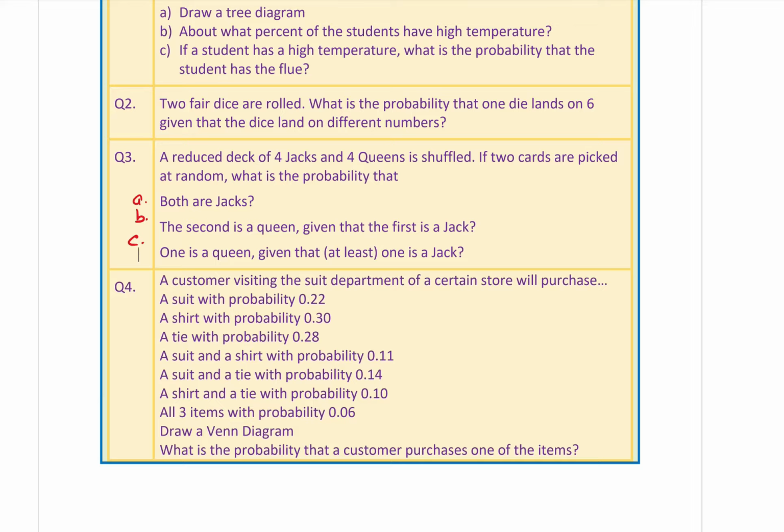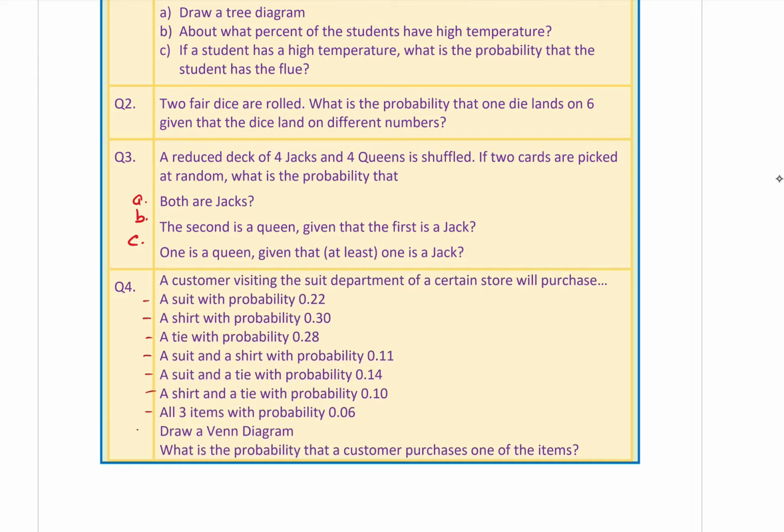Question number 4 here is: a customer visiting the suit department of a certain store will purchase, these are different conditions given to us, a suit with probability 0.22, a shirt with probability 0.30, a tie with probability 0.28, a suit and a shirt with probability of 0.11, a suit and a tie with probability of 0.14, a shirt and a tie with probability of 0.10, all 3 items with probability of 0.06.